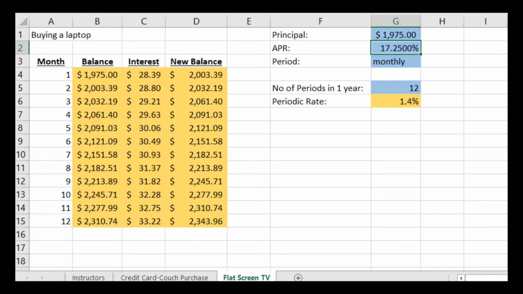Okay, it's 17.25. You want to leave it that way or that way, but it doesn't make any difference in terms of the calculations. So I'll format it with 2 decimals. Unless you want to format it with 1 decimal. Doesn't matter. Okay, so it's 17.3%.